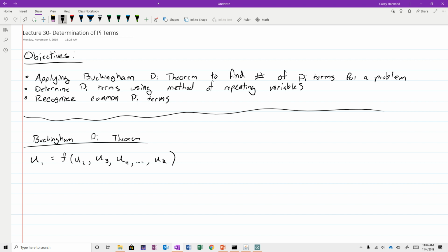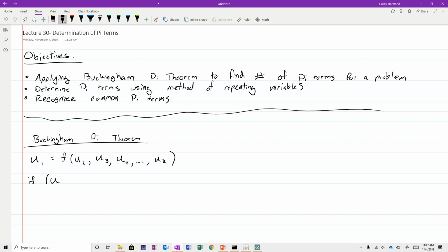You simply know that whatever U1 is, your dependent variable, it is somehow dependent upon each of the other terms in here. So, for example, pressure drop per unit length, velocity, diameter, fluid viscosity, fluid density was the example we gave last time.